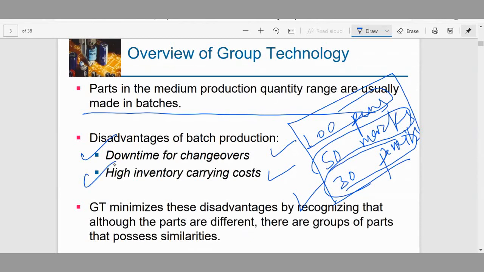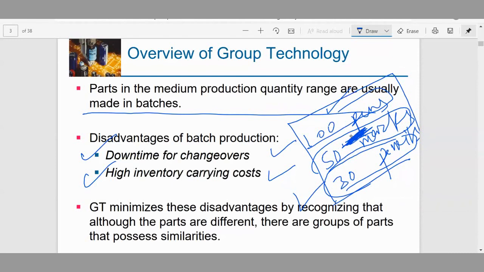For example, first you will make 100 pens, you need to keep those 100 pens, then 50, then 30, right? And whenever you are making the first 100 pens, if you don't have any markers in your finished good inventory and the customer is asking for markers, then you will have no markers.